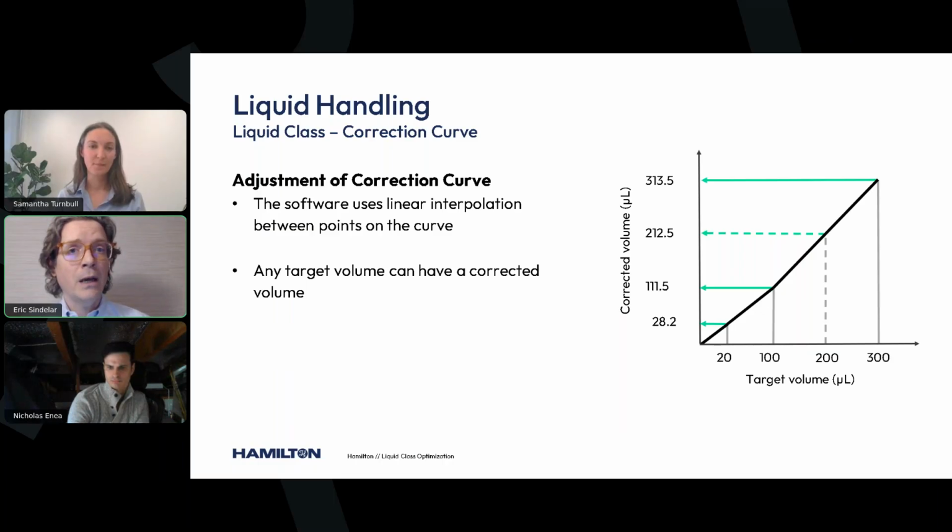Now, through your testing, if you find that when you specify to transfer 200 microliters, less is actually transferred, say 195 microliters, well, you could add the specific target volume of 200 microliters to your correction curve with the appropriate corrected volume to ensure trueness of that transfer.